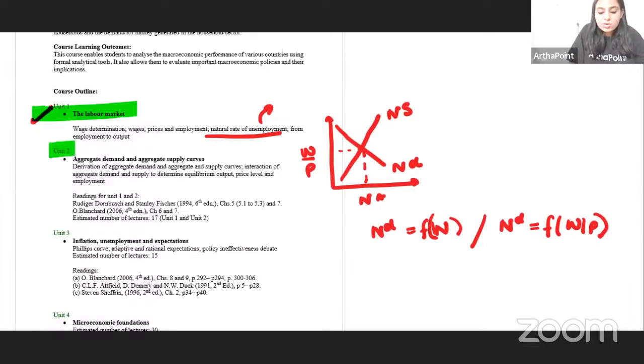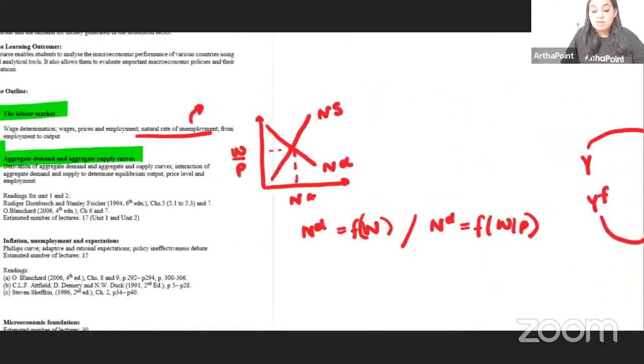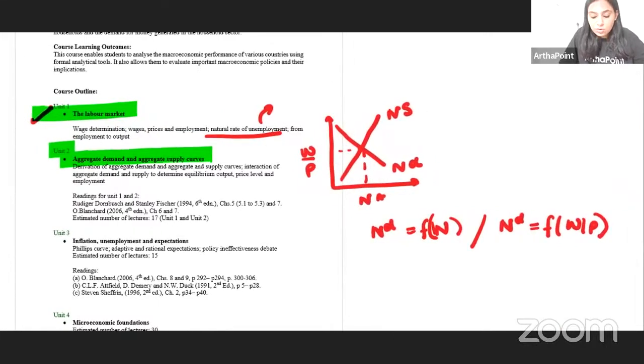The second unit is about the aggregate demand and aggregate supply curve. This is very important. We are going to start from the very beginning. It covers Dornbusch chapters 5 and 7, and Blanchard 6 and 7.